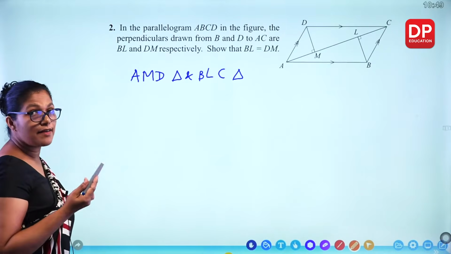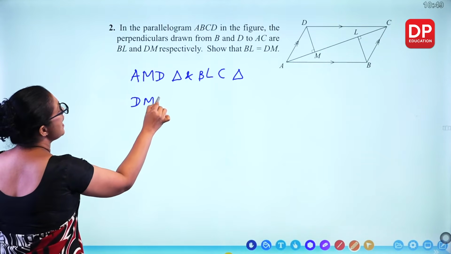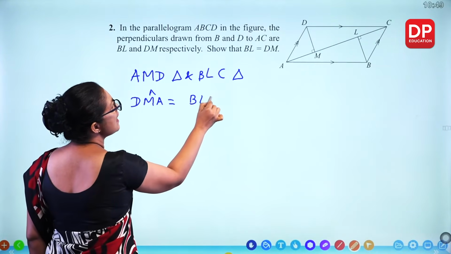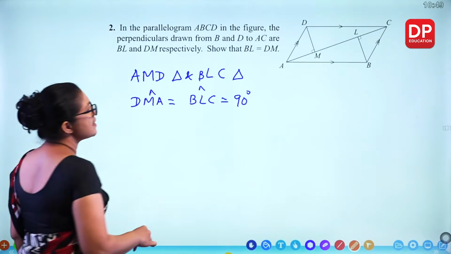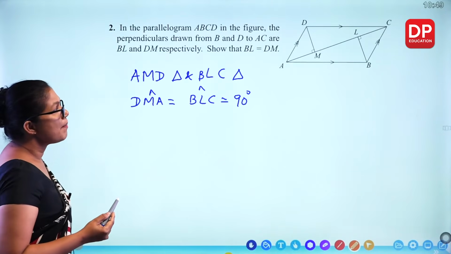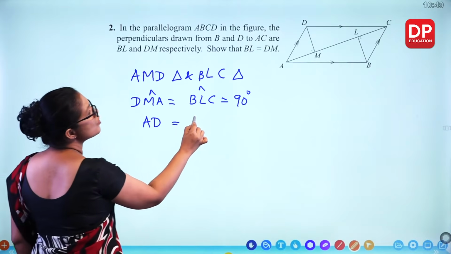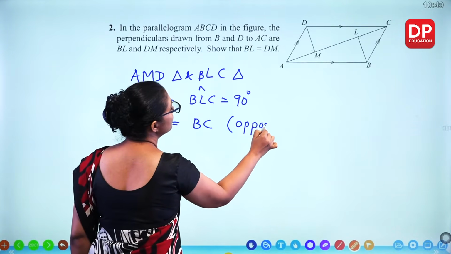First thing we can write: DMA angle is equal to BLC angle, that's given as 90 degrees. And this is a parallelogram. ABCD is a parallelogram. AD length is equal to BC. Opposite sides are equal.